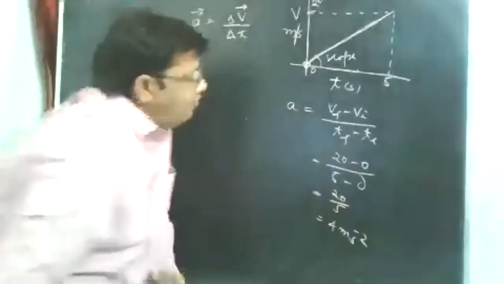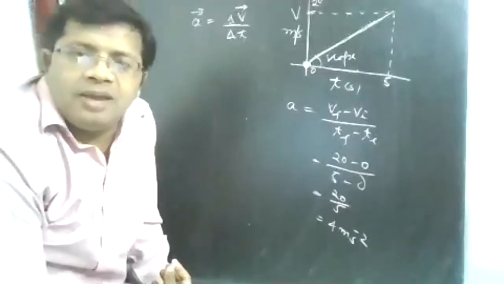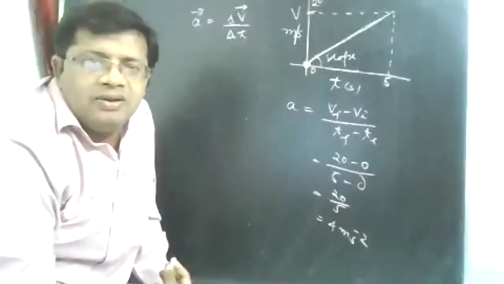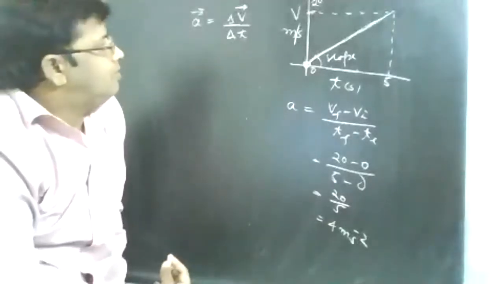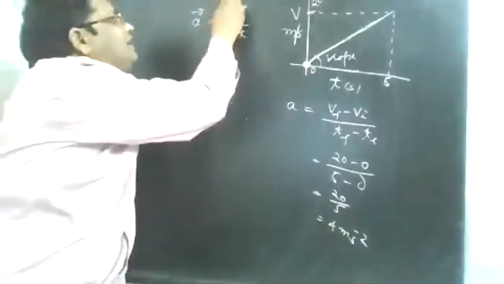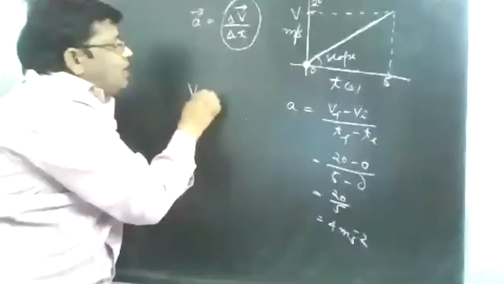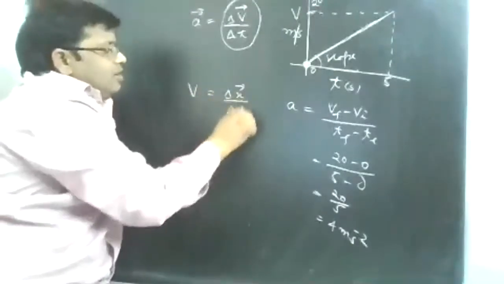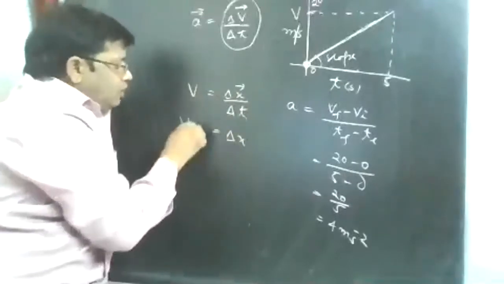Now, from this graph, if it is asked to you, determine the displacement of the body. Velocity is the rate of change of displacement upon time, but displacement is equal to velocity into time.